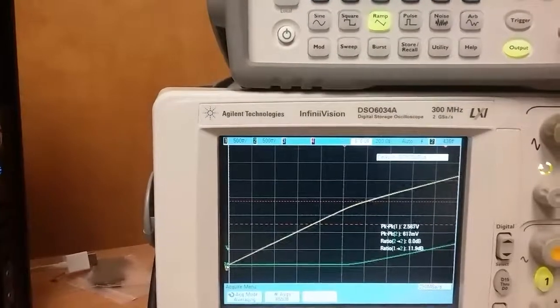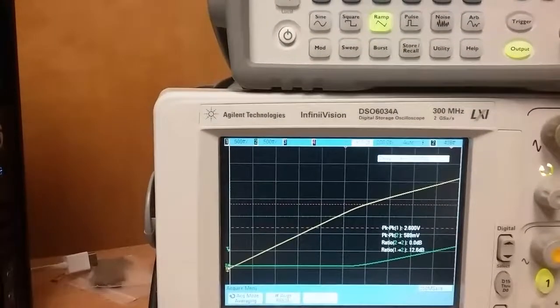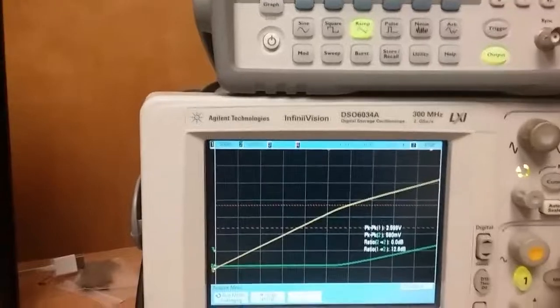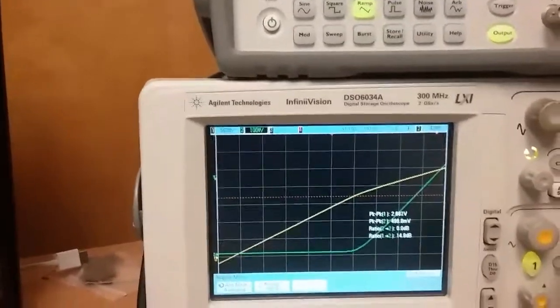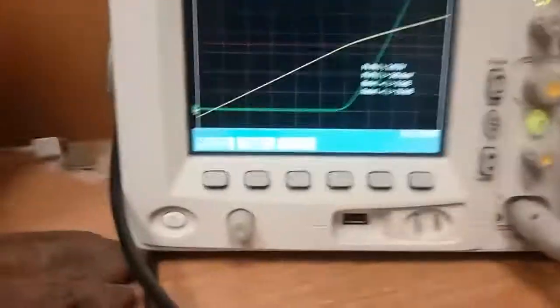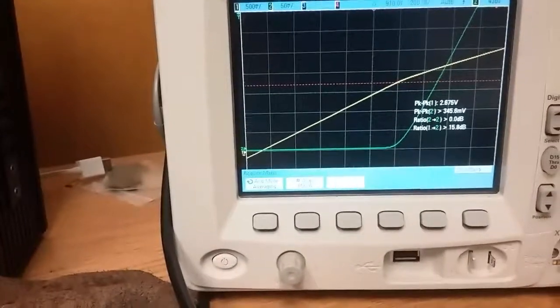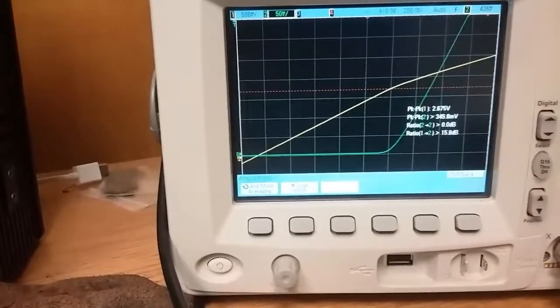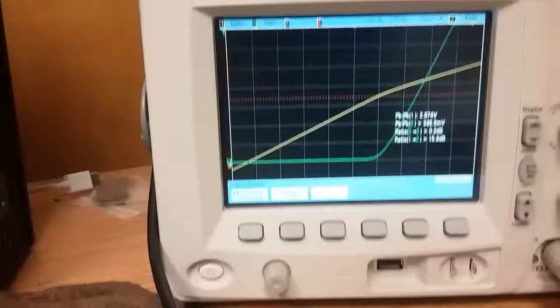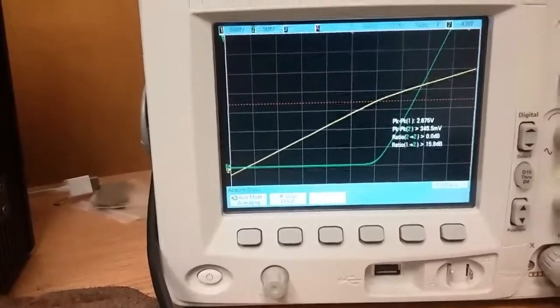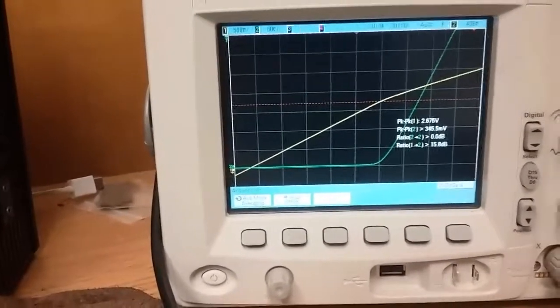There we go. And now I have pretty much maximized my V2 measurement. That's pretty good.